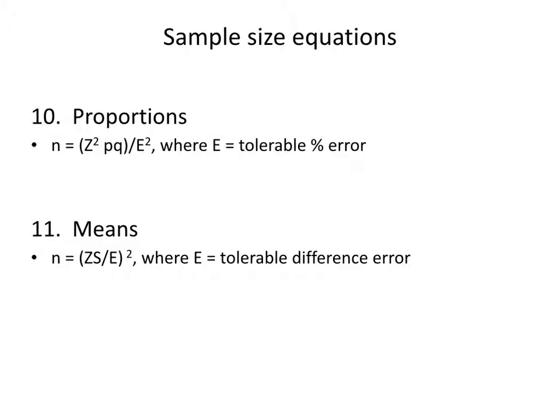Well, what certainty do you use normally? Well, the standard certainty is 90 or 95%. Most academic researchers use a certainty of 95%, which corresponds to an alpha of 0.05, where alpha is 1 minus the confidence level.